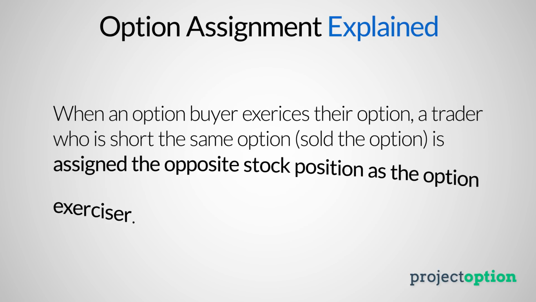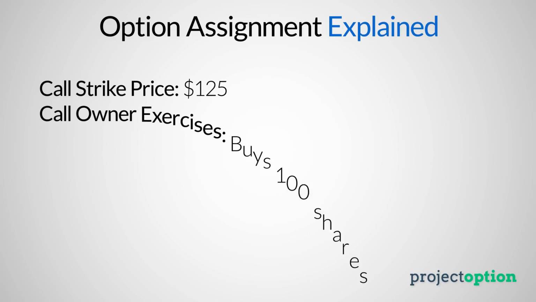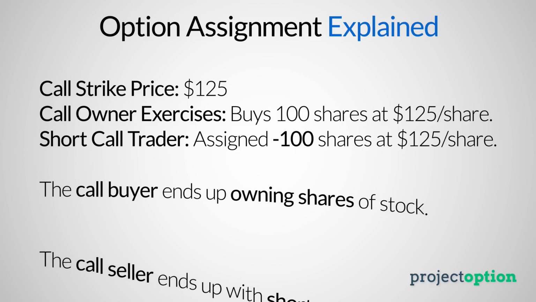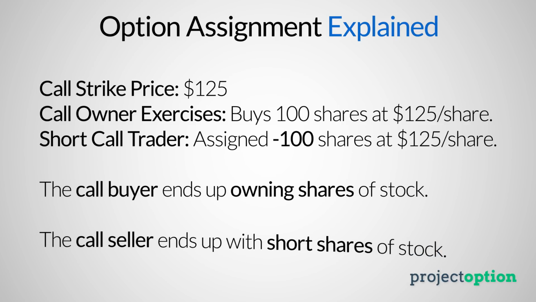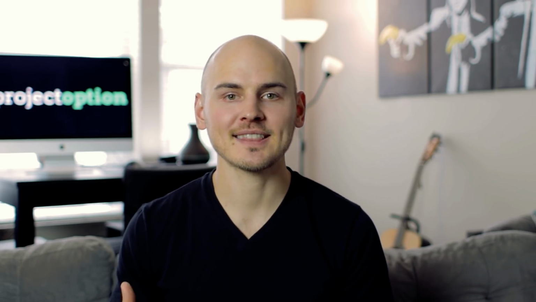Let's say we have a call option that has a strike price of $125. If the option buyer exercises that 125 call, they're going to purchase 100 shares of stock per call option that they exercised for $125 per share. Now, since that option exerciser buys 100 shares of stock per contract at $125 a share, that means somebody who was short the 125 call, or sold that 125 call as an opening trade, will end up with a share position of negative 100 shares, or they will short 100 shares of stock per 125 call that they were assigned on.